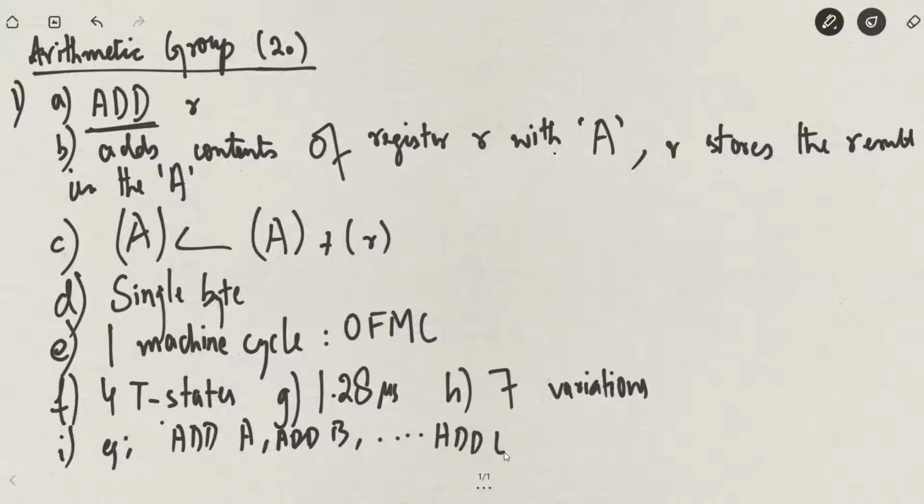So 7 general purpose registers, including A. So 7 different variations. So you can actually add A with A to give the resultant, and that will again be stored in A only.